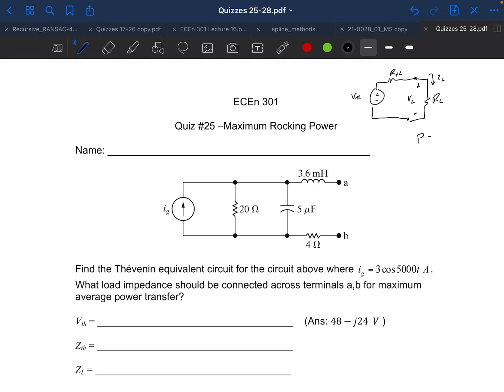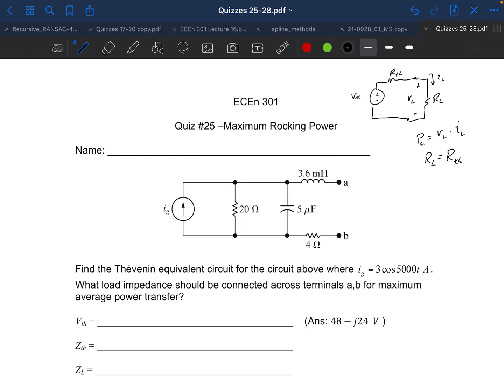The power through the load is going to be VL times IL. And the question was, what is this resistor R that maximizes the power transfer? And remember, the load resistance that maximized the power transfer was in fact the Thevenin resistance.